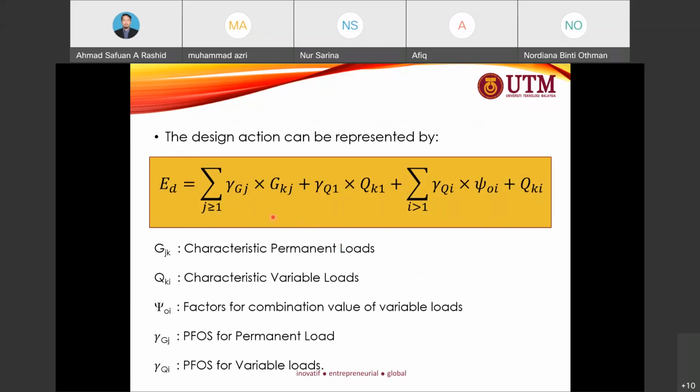Here we have the permanent loads, and then we have the variable loads. We may multiply with a different characteristic of the permanent loads and also a different characteristic of the variable loads.